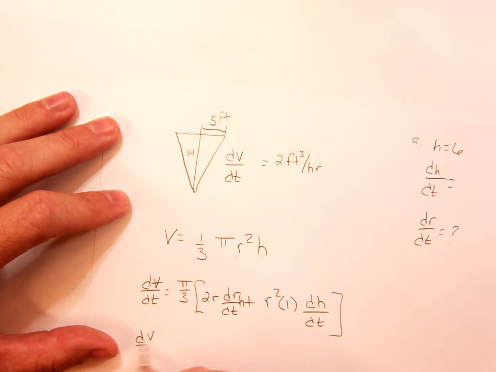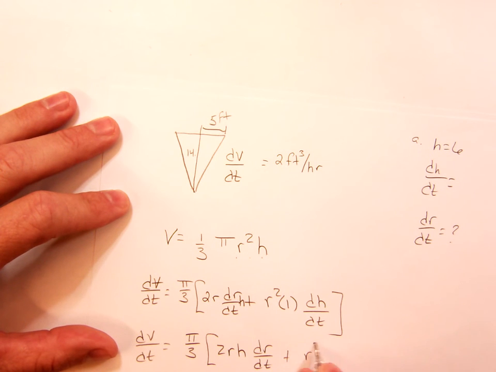All right, so dV/dt is equal to pi thirds times 2rh dr/dt plus r squared dh/dt.